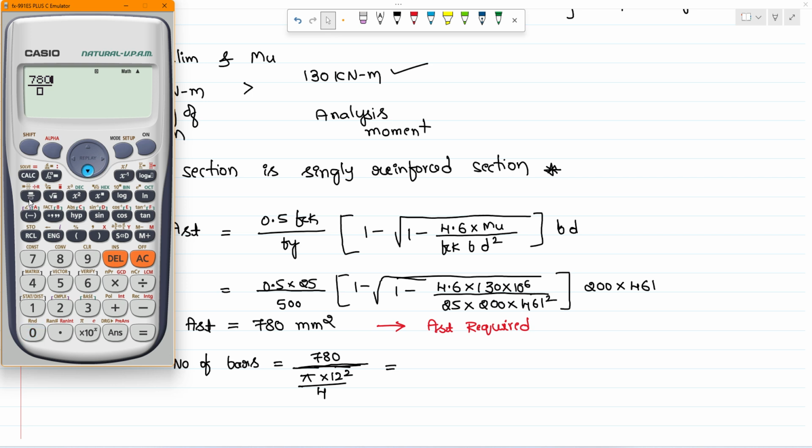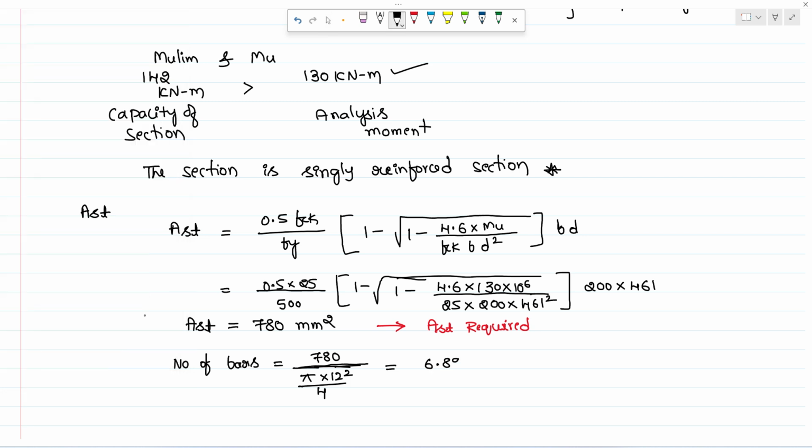So it is 780 divided by pi into 12 square divided by 4, which is 6.89. So I will round off to 8 numbers. Clear? So I need 12 mm dia bars, 8 numbers.